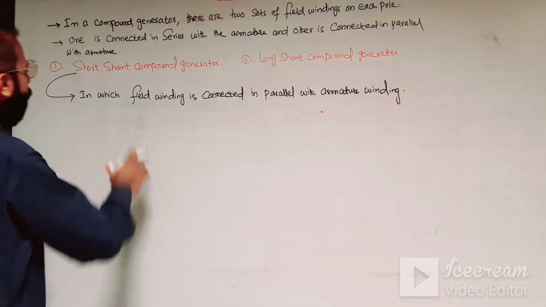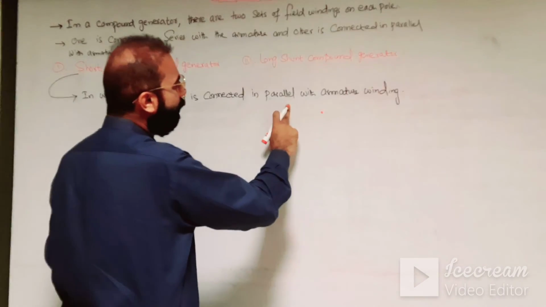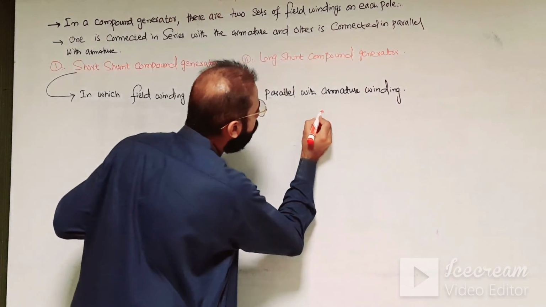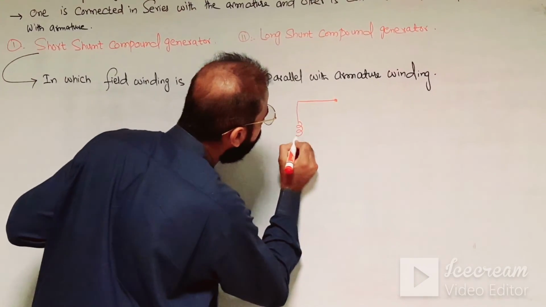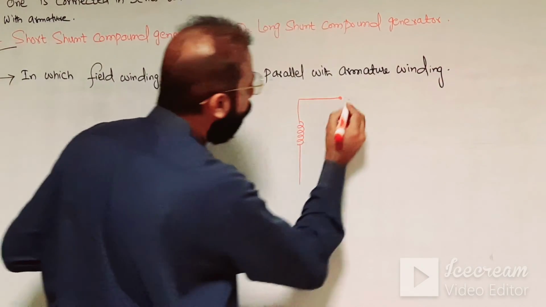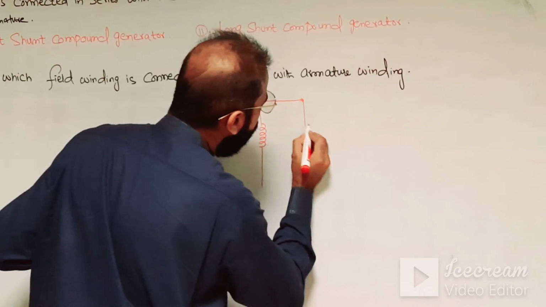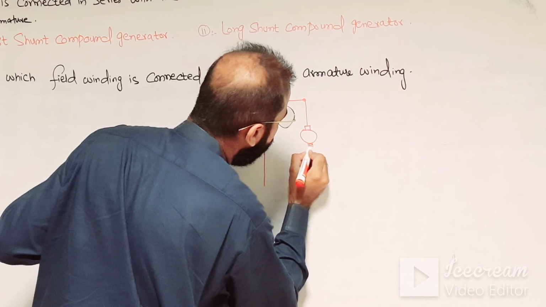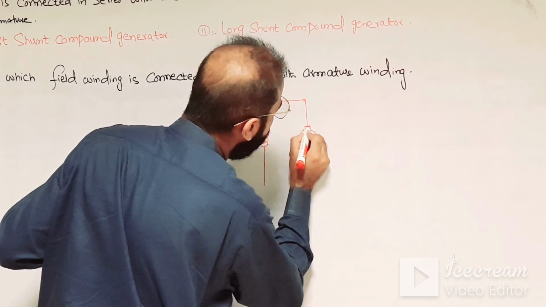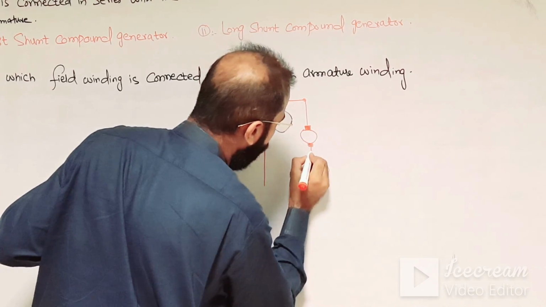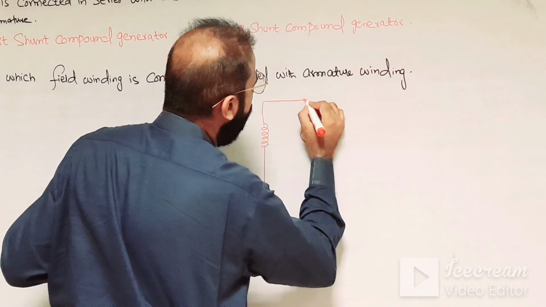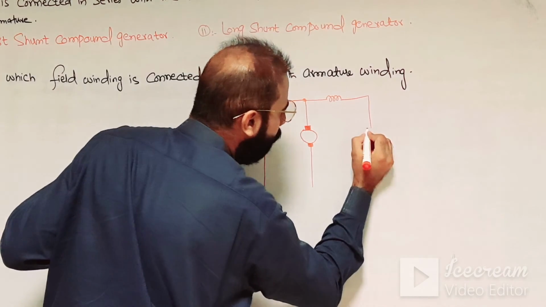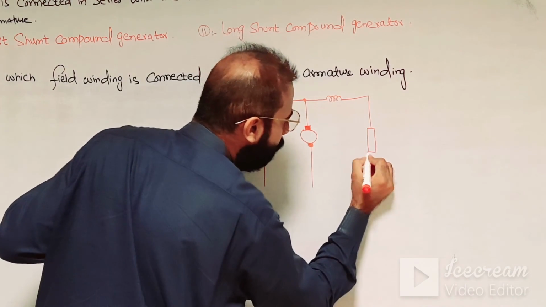Now, in which the field winding is connected in parallel with the armature winding. So this is the field winding and this is the armature winding, and this is the series winding connected with this load.